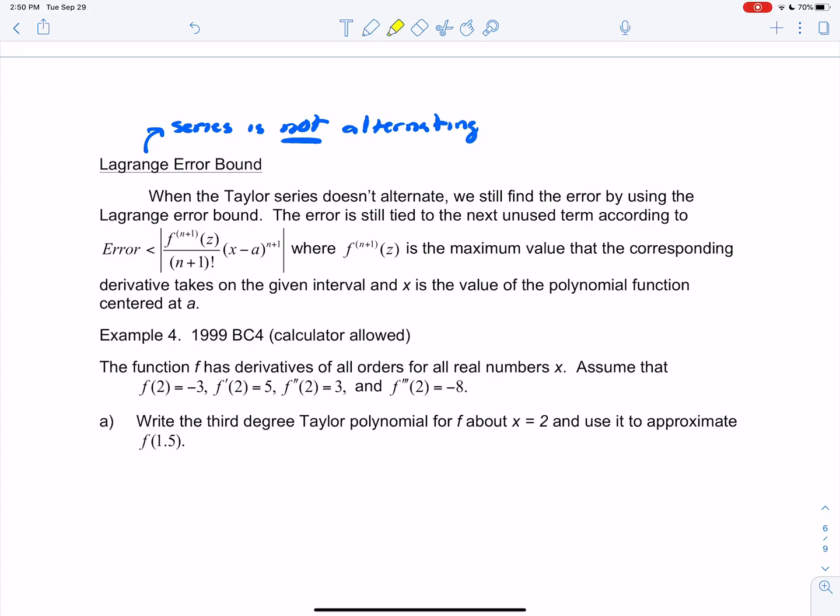There you go. Now, how you find the error bound is a little bit different from how you find the error from the alternating series. There's a lot of verbiage here. You're going to use the n plus 1 derivative as the maximum value.